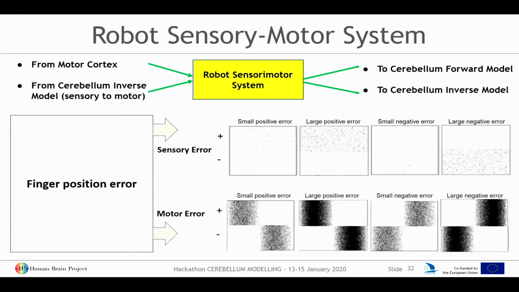While the motor error has a shape, because it has a sort of stereotypical template that is then modulated by the amount of error. So if we have a small or a large error, and a positive or a negative error, we have to activate first the agonist and then the antagonist, or vice versa.